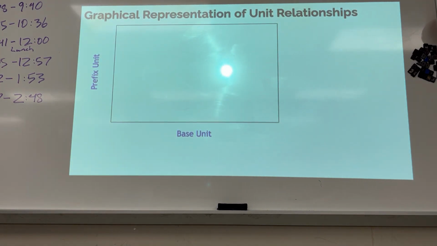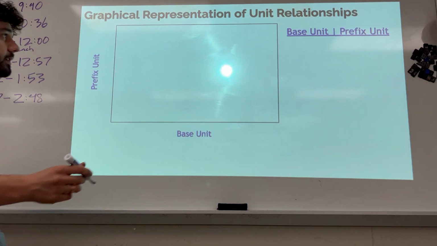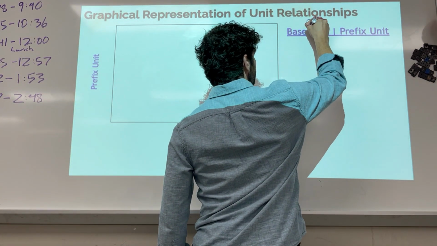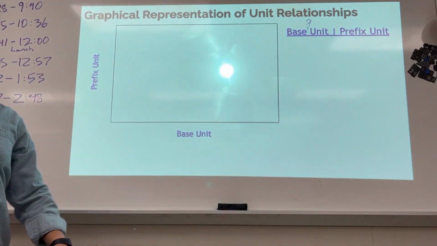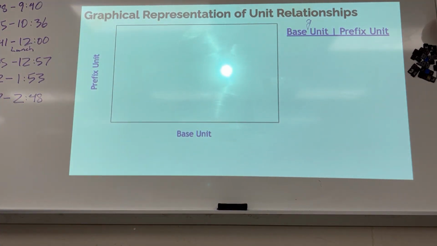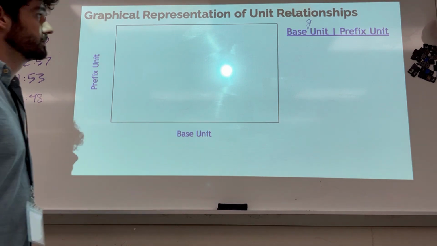So, allow me to continue with this, and let's start by making a graph. Let's compare a base unit to any prefix. Someone pick a base unit. Grams, great. We'll do grams. I'm going to make a little graph with about 5 points on it. It doesn't have to be too precise. Someone pick a unit related to grams that has a prefix. Kilograms.